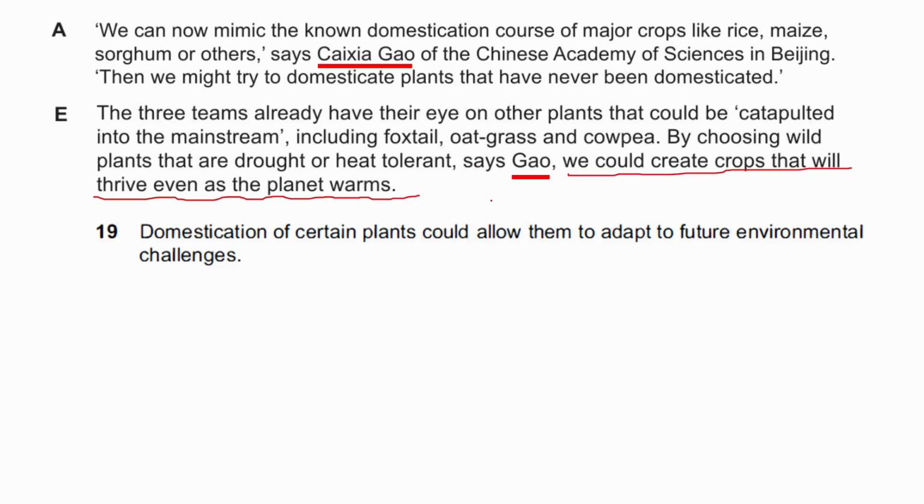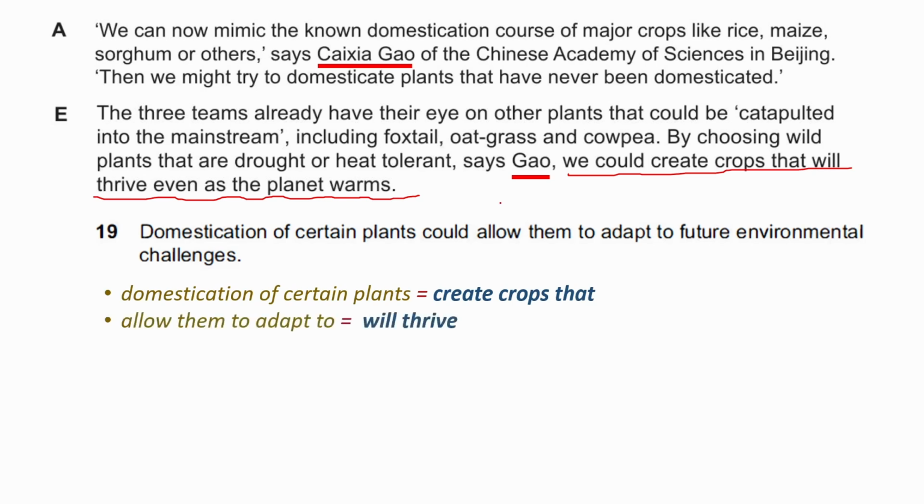So domestication of certain plants allows them to adapt to, will thrive, future environmental challenges, even as the planet warms. That's exactly the same information.